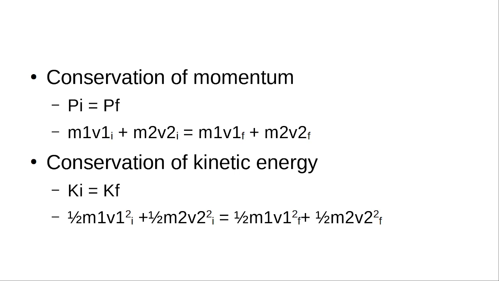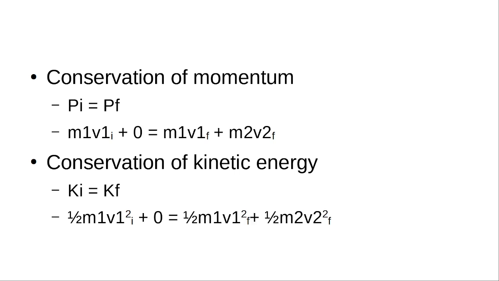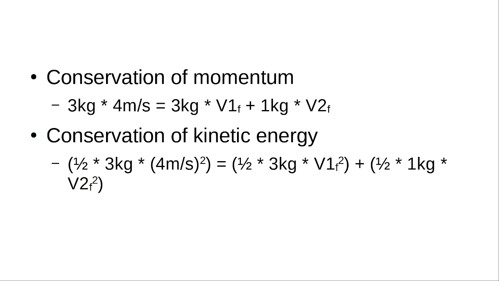We add up the kinetic energy of both balls before the collision, then compare it to both balls after the collision. As in the last simulation, since the second ball was standing still, we can plug in a 0 in that space. After plugging in the numbers, we get these two equations.